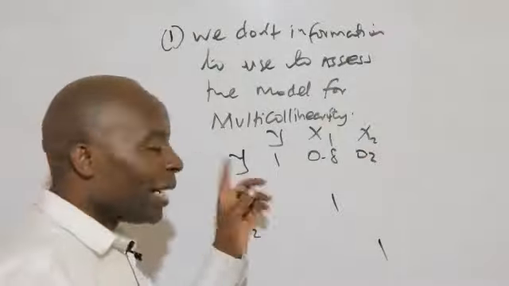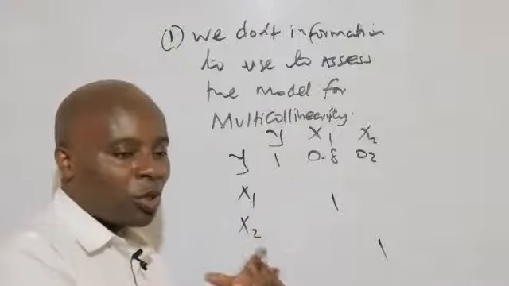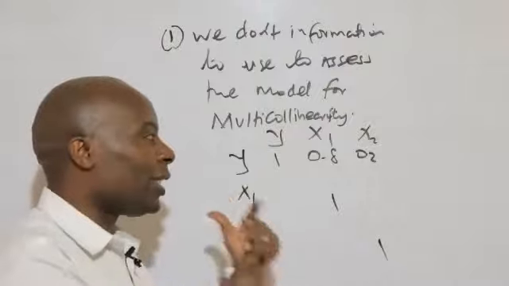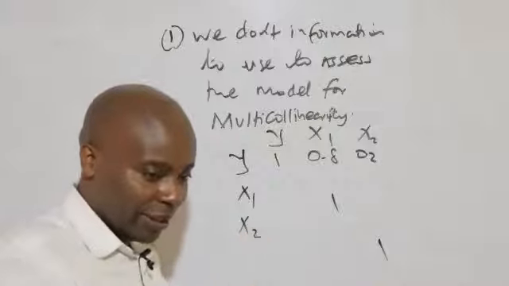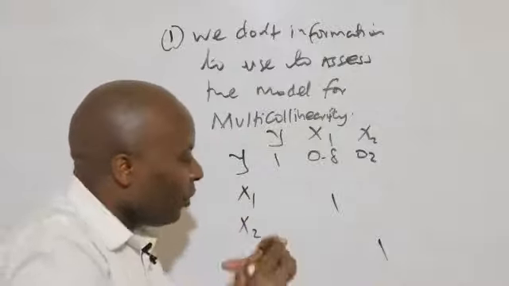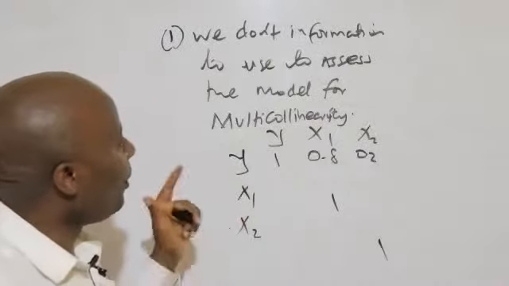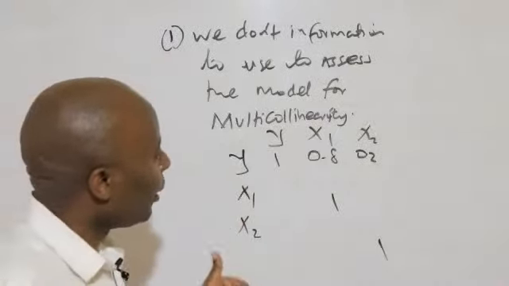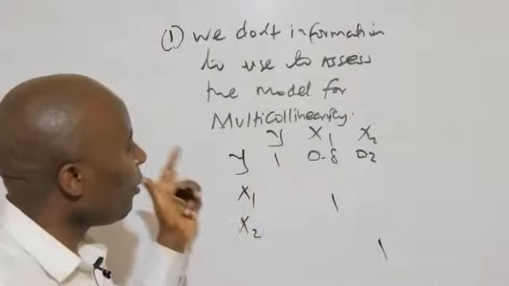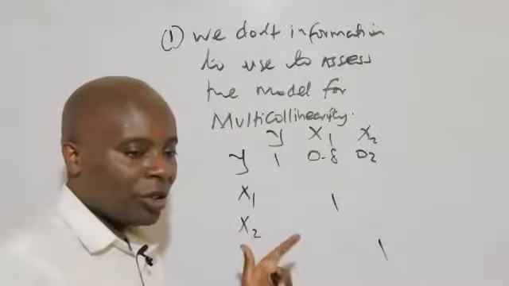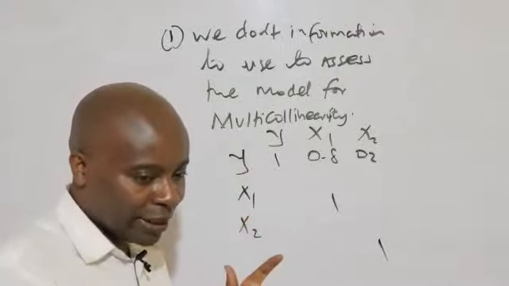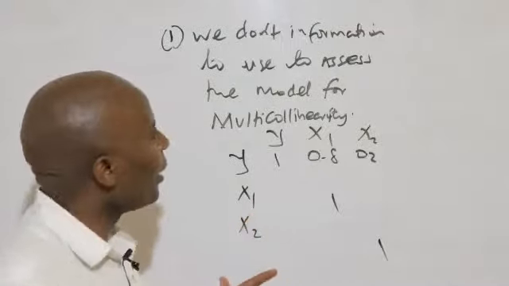All the predictor variables are supposed to be relating with y. But we should never have a situation where the predictor variables are relating themselves significantly. If they relate like that, they will be having many relationships in one model. So we don't have information that will be able to help us to assess for multi-collinearity.